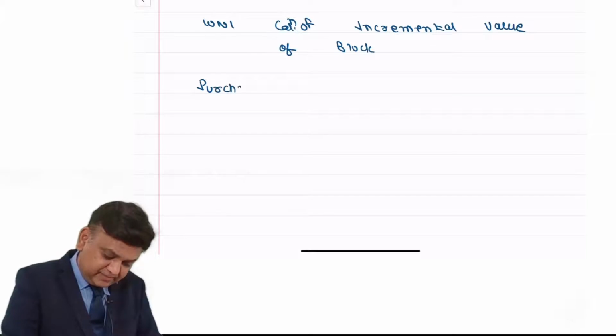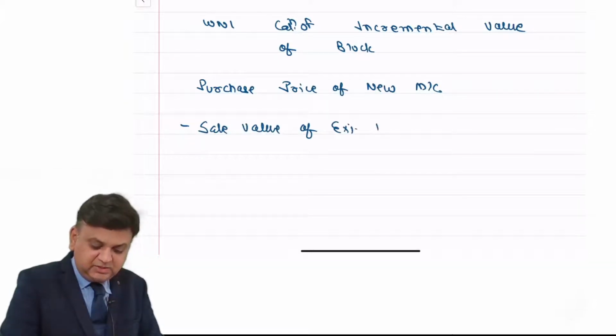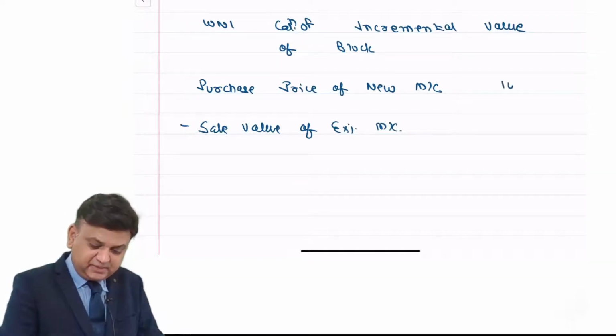It is purchase price of new machinery less sale value of existing machinery. Purchase price of the new machinery is 10 lakhs and sale value of existing machinery is 3 lakhs. So this difference of 7 lakhs is considered to be incremental value of block.